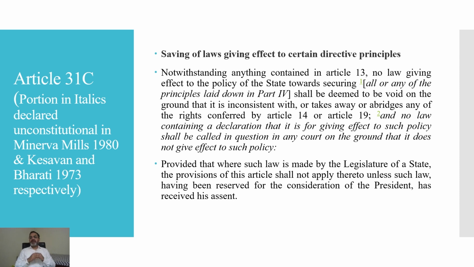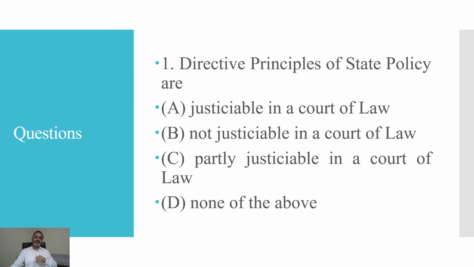That means that if a legislation is claiming that it is giving effect to the principles of 39B and C of the Constitution of India, mere declaration would not suffice. The court can examine whether the law is actually doing that or not. The fact that Article 31C precluded the courts from doing so, this portion was declared unconstitutional by the Supreme Court in Kesavananda Bharati. Now we'll see a few questions.